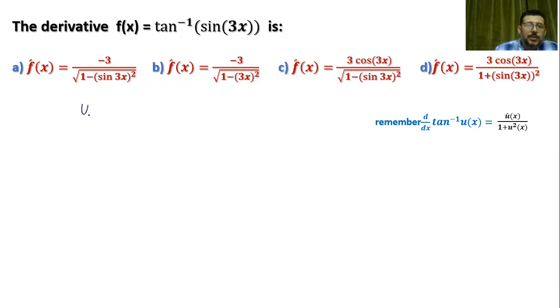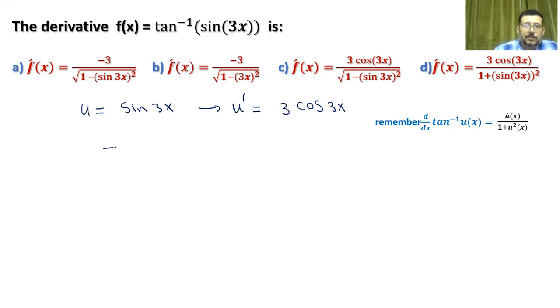In this question, u is sine 3x. So u prime is, the derivative of sine is cosine, the same angle, times the derivative of the angle with respect to the chain rule. The derivative of 3x is 3.